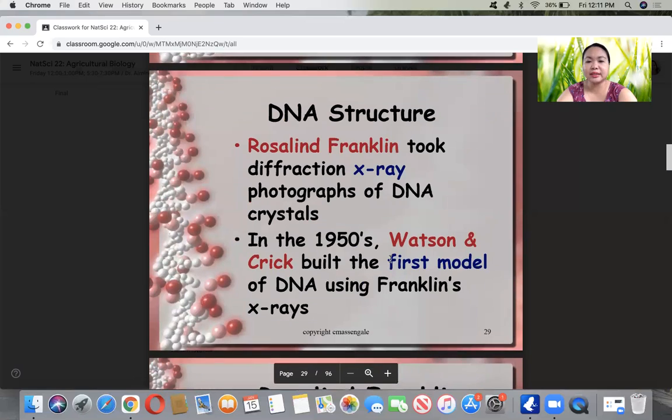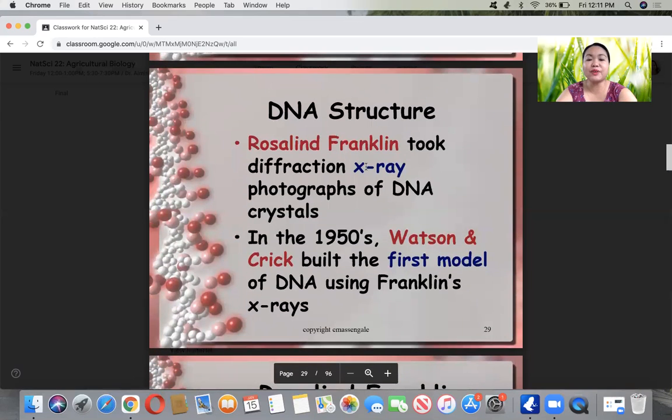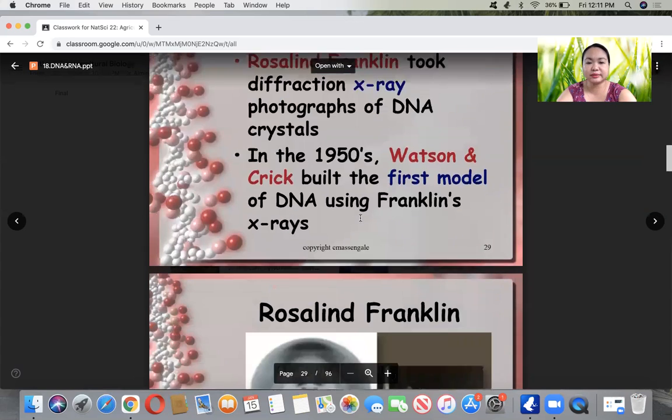hydrogen bonds. So Rosalind Franklin took diffraction X-ray photographs of DNA crystals in the 1950s, and Watson and Crick built the first model of the DNA using Franklin's X-rays.